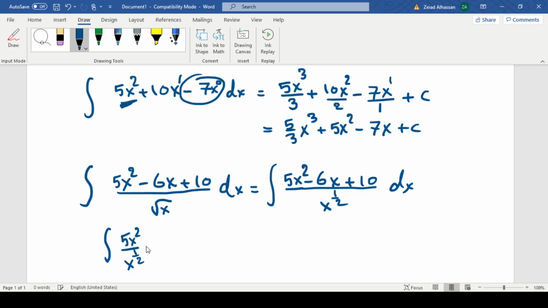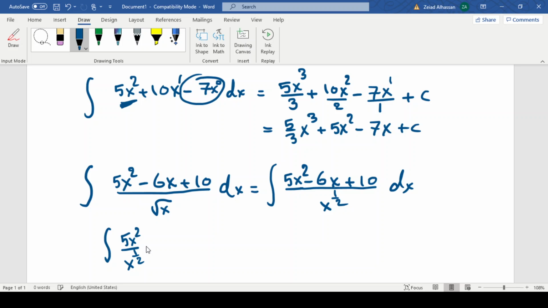Integration of 5x power 2 minus half, that's 1.5, minus 6x power half plus 10x power negative half dx.